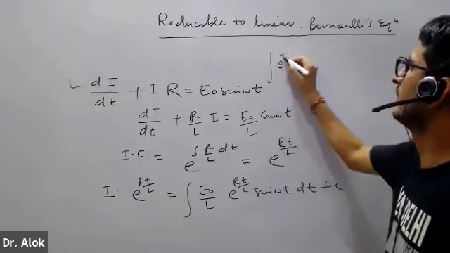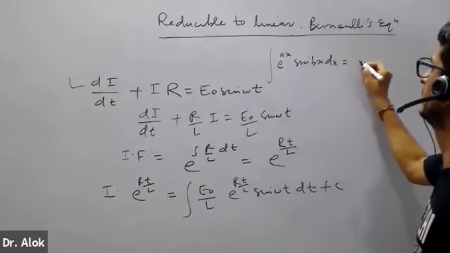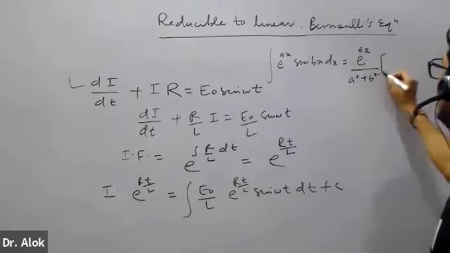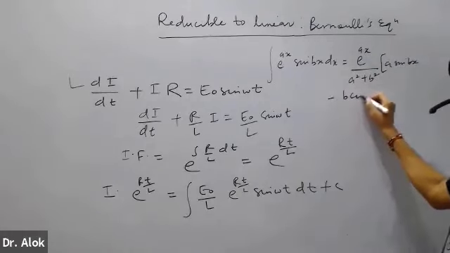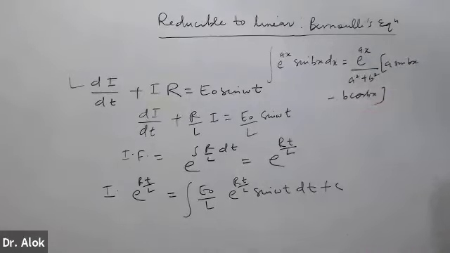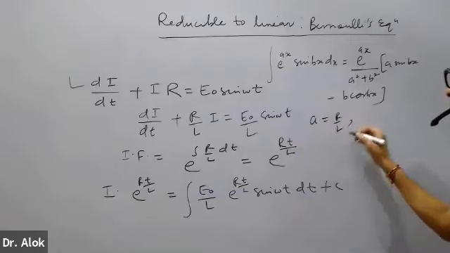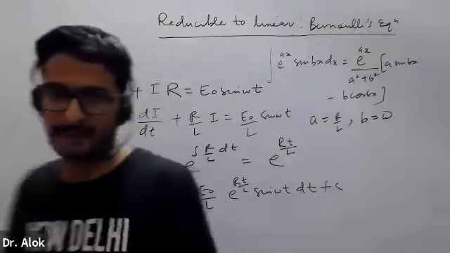Integration e to the power ax sine bx dx was e to the power ax over a square plus b square, a sine bx minus b cos bx. याद है? Yes, sir. This was the integral. So what are the values of a and b? Value of a is R by L and the value of b is omega in this particular case.